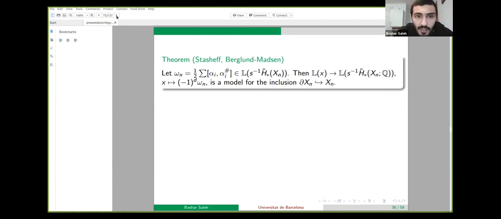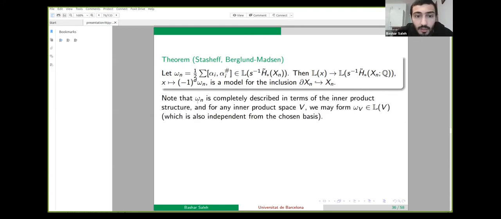What's interesting here is that omega n and this map are completely described in terms of the inner product. So there is actually no geometry here. It's just like, okay, you have an inner product on this inner product space, then you can get some omega n.